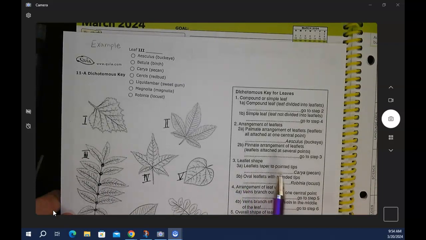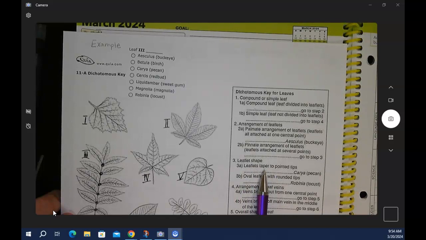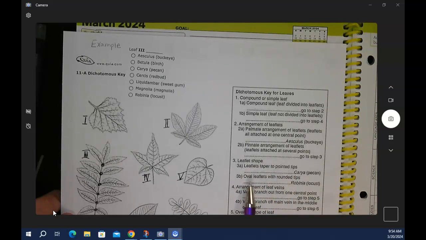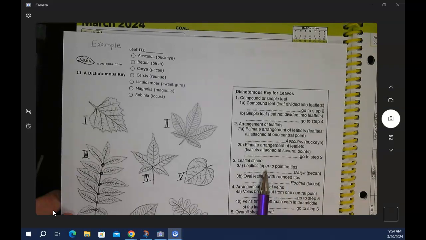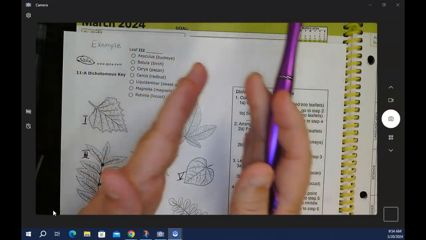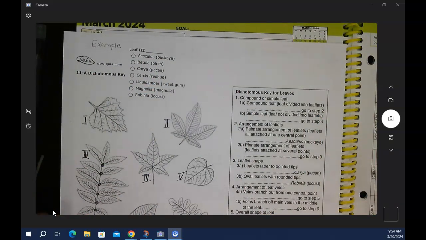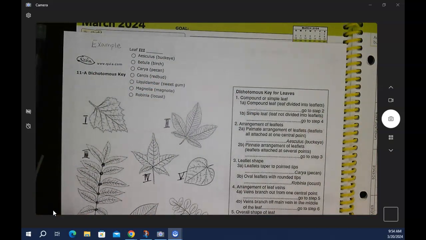The leaflet shape: leaflets taper toward a pointed tip, or oval leaflets with rounded tips. Now, the word taper means to go from wide to narrow, like tapered leg jeans. The calf is bigger than the ankle. They're tapered or narrowed.